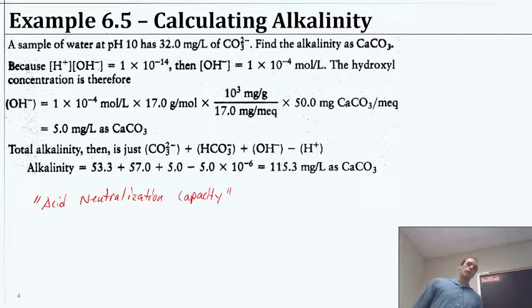You could also notice that if it was meaningful, you could reverse this and have some other term like reverse alkalinity, and you could call it the base neutralization capacity. And so you'd be subtracting anything that would be adding an OH minus, that type of deal. Okay, good question.